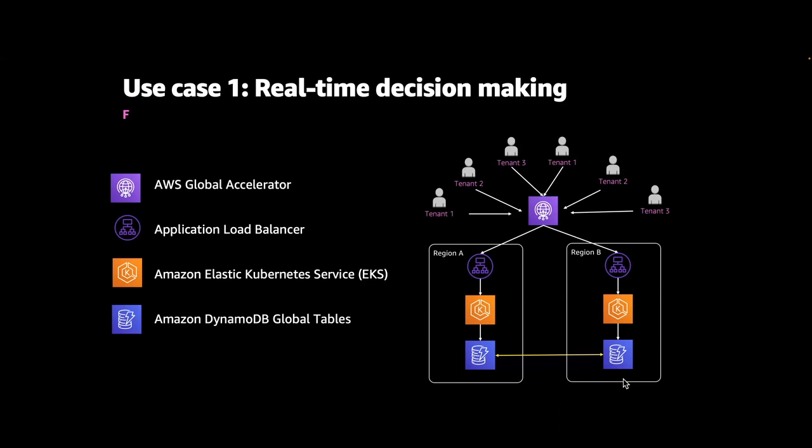You can use, of course, EKS or ECS, whatever. But for the database, where we have heavy writes and heavy reads with users connecting to multiple different regions and writing to tables that are distributed in different regions, DynamoDB Global Tables would be the perfect match, right?